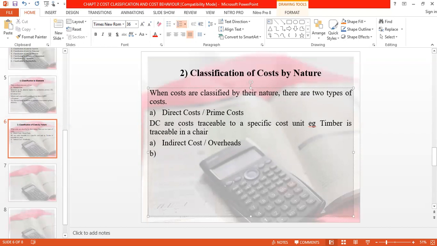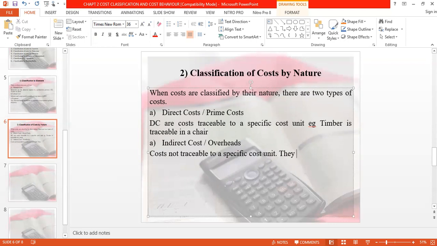Indirect costs are costs not traceable to a specific cost unit.